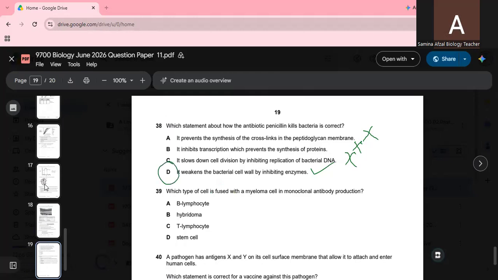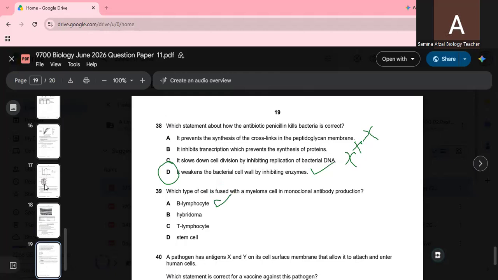Now question number 39 is, which type of cell is fused with myeloma cell in monoclonal antibody production? The first one is B lymphocytes, hybridoma, T lymphocyte and stem cells. B lymphocyte is the correct option.